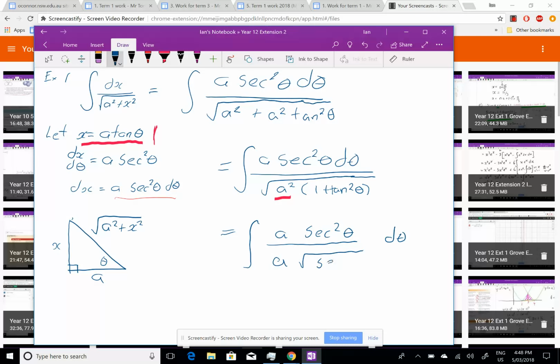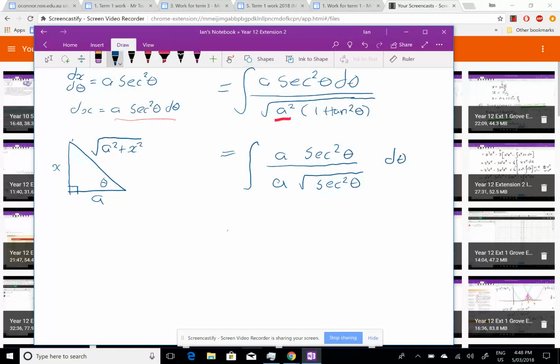It equals sec squared theta. Now, the a's will cancel. They're a constant. And I'm left with sec squared theta on sec theta, because of the square root.